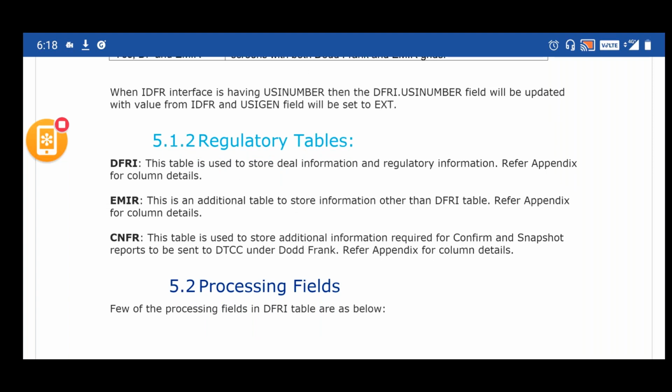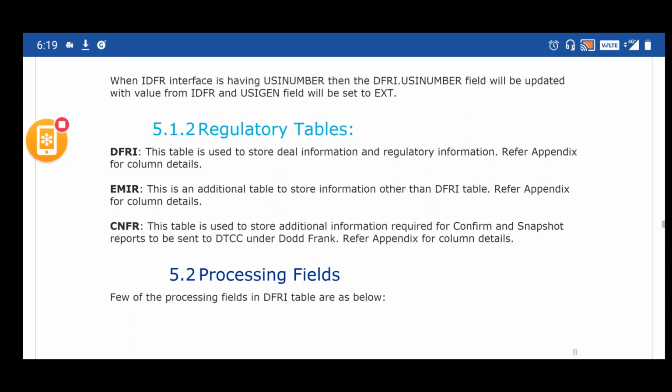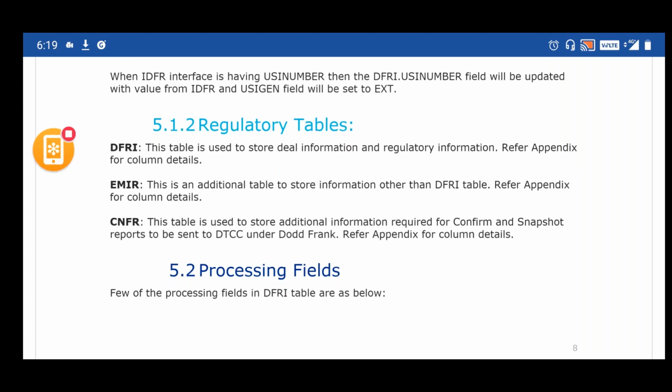But the problem came when we tried implementing it. The database admin team said that we cannot implement any table with more than 500 columns. Sorry, more than 250 columns. When you are implementing, you go through an approval process with the database team.